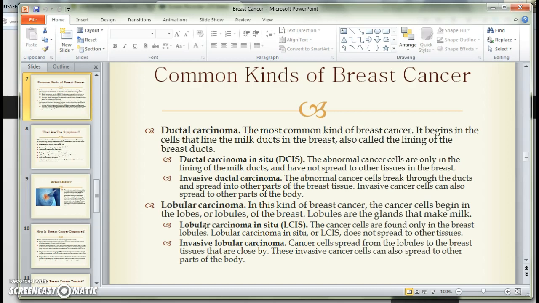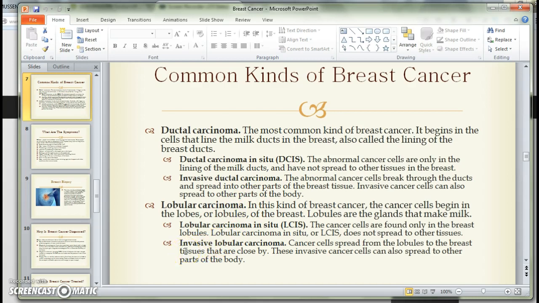In ductal carcinoma in situ, DCIS, the abnormal cancer cells are only in the lining of the milk ducts and have not spread to other tissues in the breast. In invasive ductal carcinoma, the abnormal cancer cells break through the ducts and spread into other parts of the breast tissue. Invasive cancer cells can also spread to other parts of the body.